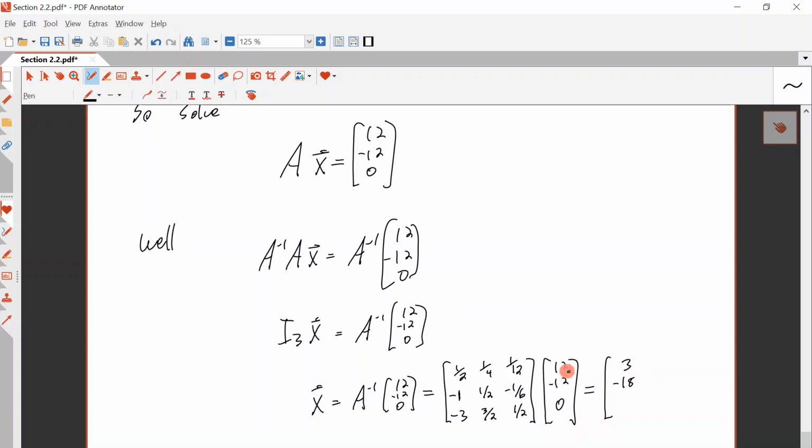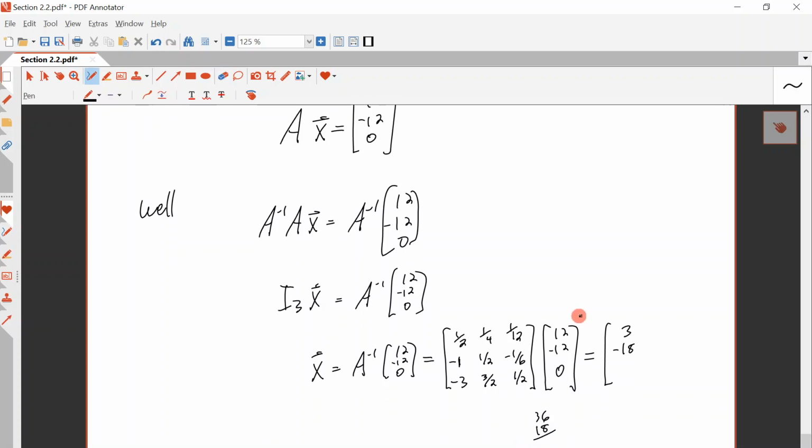And then minus 36 minus 18. So what's 36 plus 18?